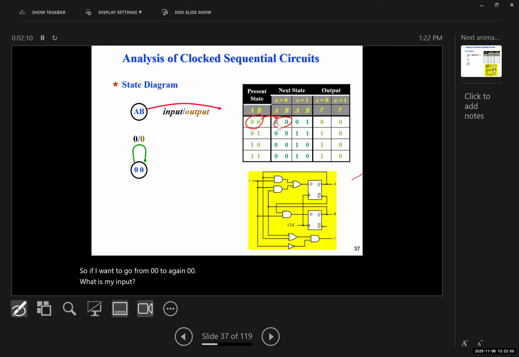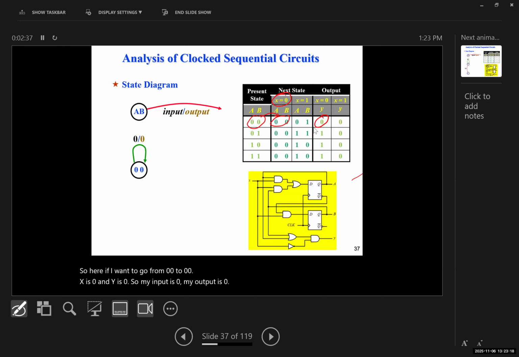My input would be 0, and my output would be also 0. So X is 0 and Y is 0. My input is 0, my output is 0.